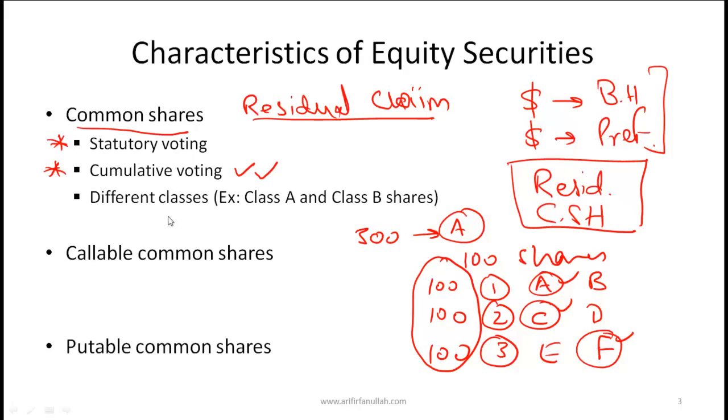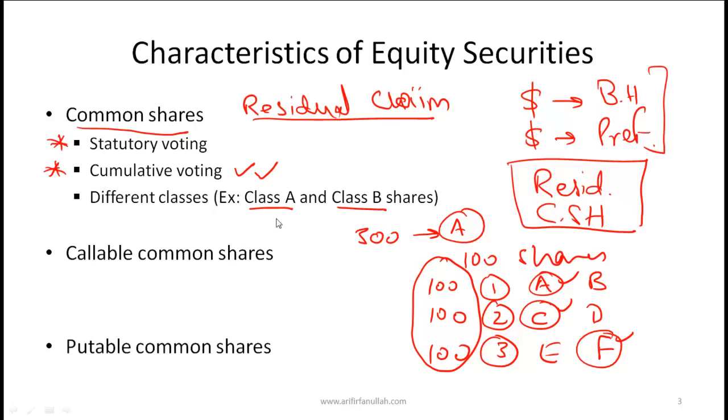Another thing that you need to know is companies can issue different classes of common shares. This doesn't always happen, but certain large companies, for example, might issue Class A shares and Class B shares. Now, the rules will be slightly different for shares that belong to a different class.